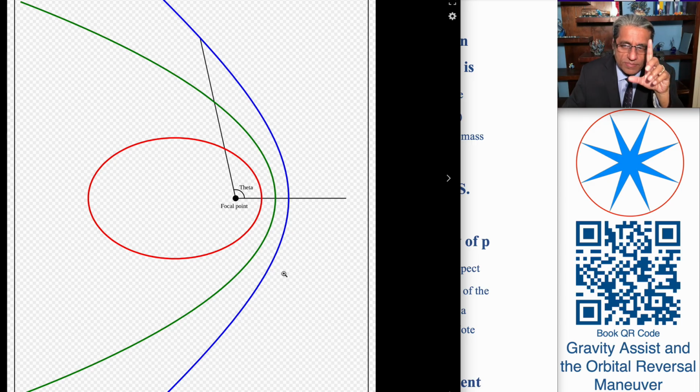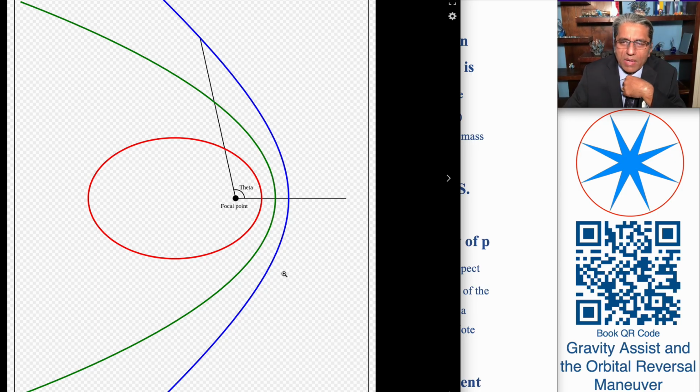So that is the first piece of information you will use to understand gravity assist. If you are in the planet inertial frame of reference, in which the planet is stationary, and let's consider an unbound orbit where the spacecraft is not captured by the planet, the unbound orbit will be a hyperbola. Unlikely to be a parabola because that's just a marginal case.